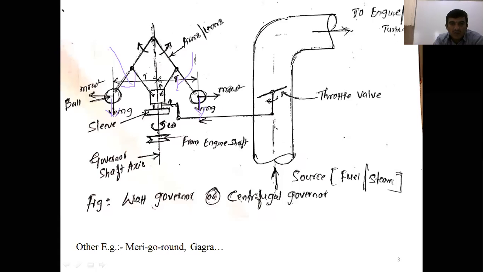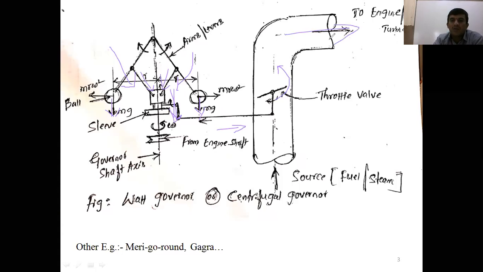Once the upper arm moves radially inward, the lower arms also move downward, and at the same time the sleeve also moves downward. Once the sleeve moves downward, again due to the linkage mechanism, the throttle valve rotates in the counterclockwise direction. Now it will open the passage, and once the throttle valve is open, more fuel is supplied to the engine.